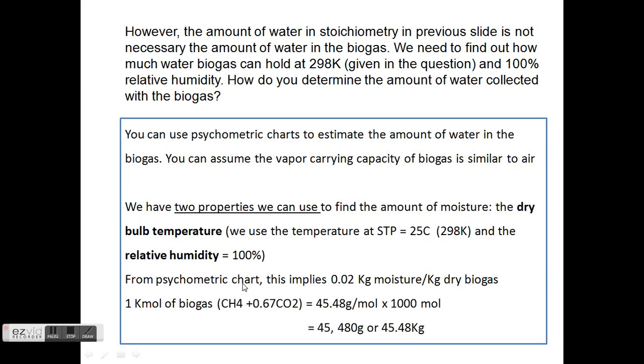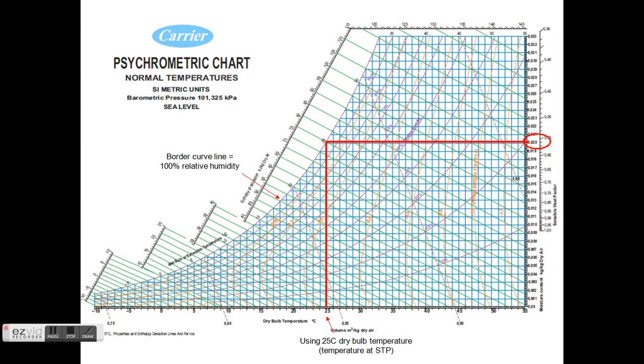Once we have two properties, we can use this chart to find a third property, and many other properties once two properties are known. But now we're just interested in one property, the moisture that can be contained in biogas at this temperature and this relative humidity.